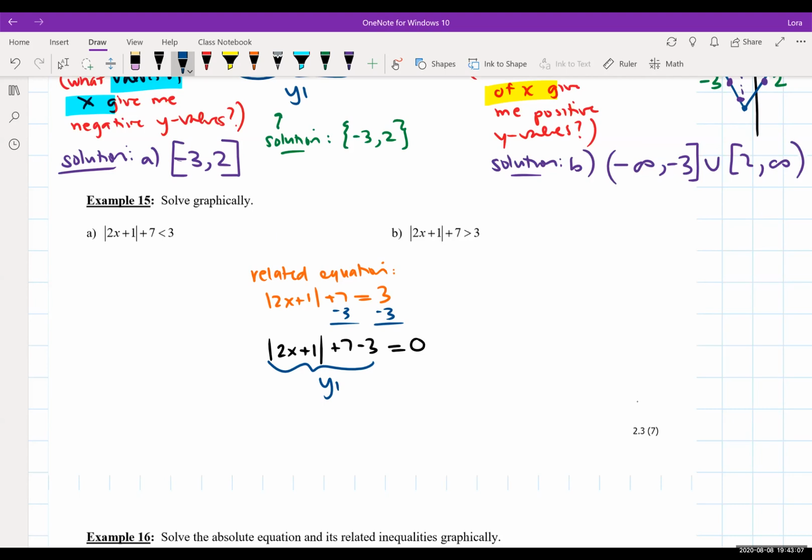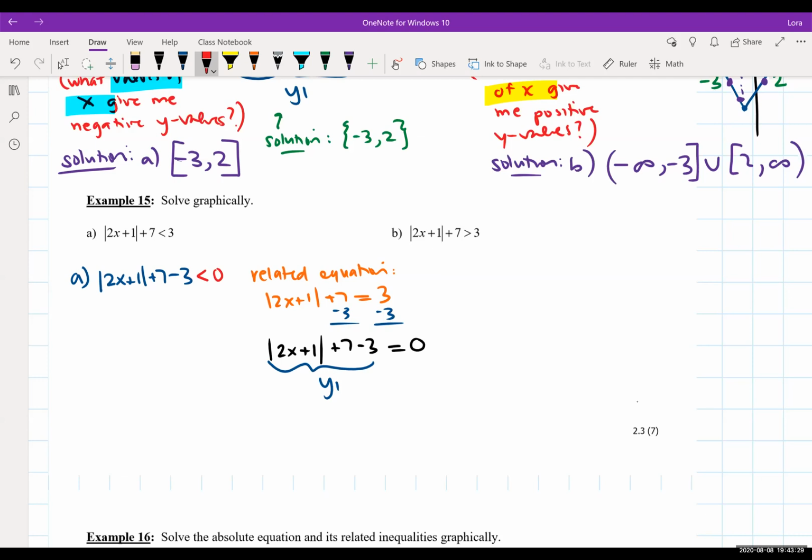So right away, you end up having what your y1 would be. We can enter that in the TI, but as I go, you may notice that part A is similar. This would give me the absolute value of 2x plus 1 plus 7 minus 3 is less than 0, once we moved everything over.